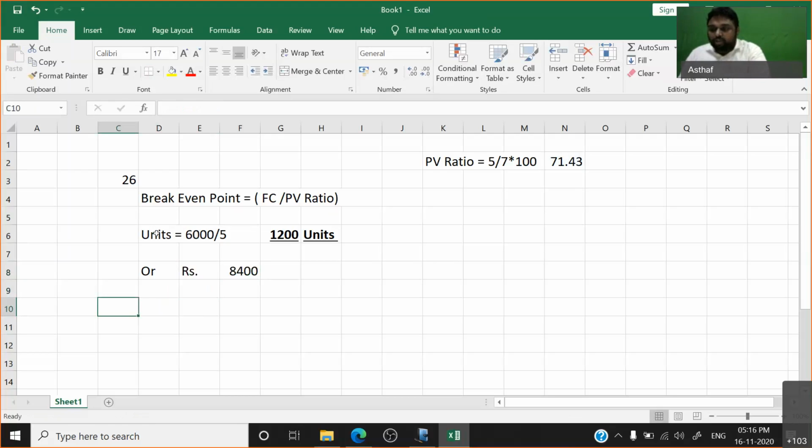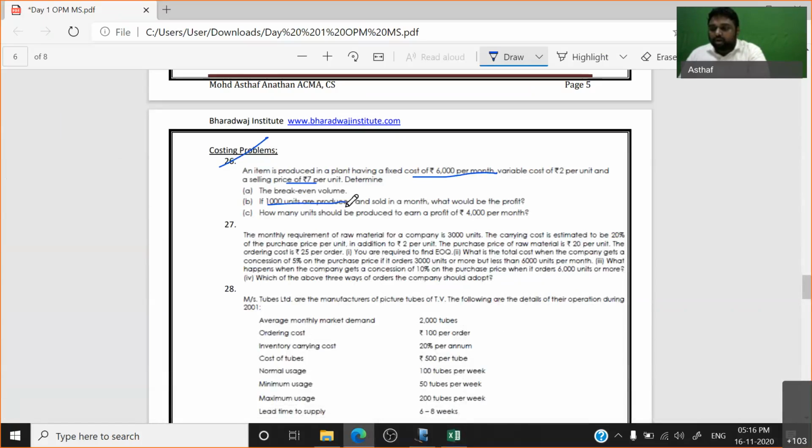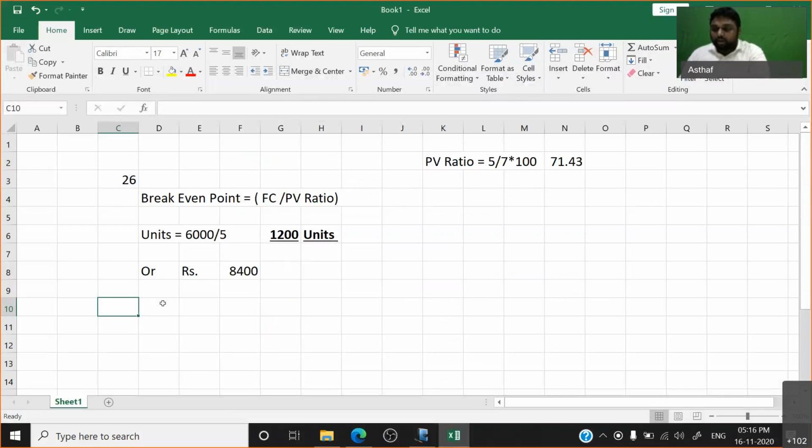Next, if 1,000 units are produced, what would be the profit? Very easy. The A part we have already completed. See, what will be the contribution? Contribution is 1,000 into 5.